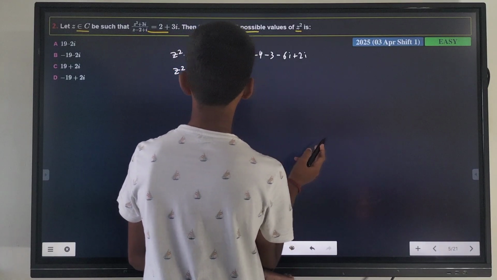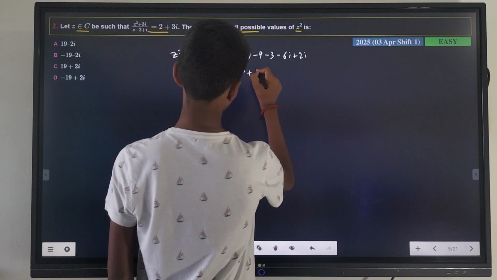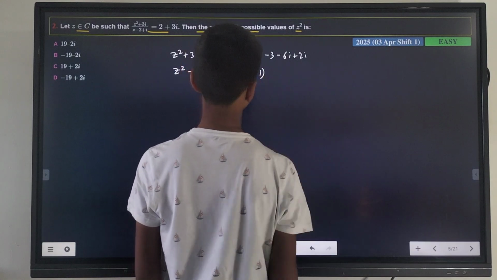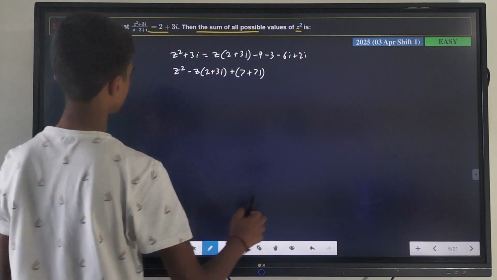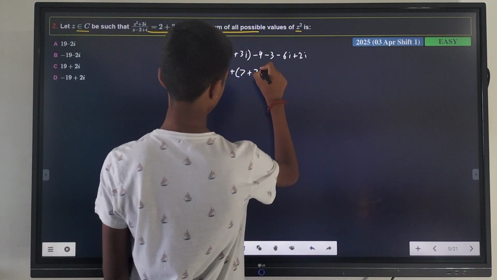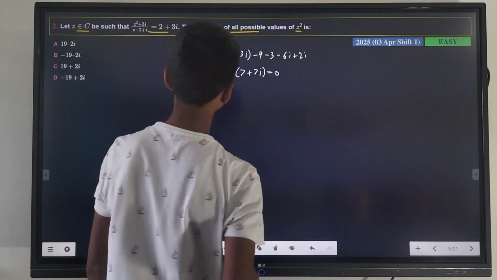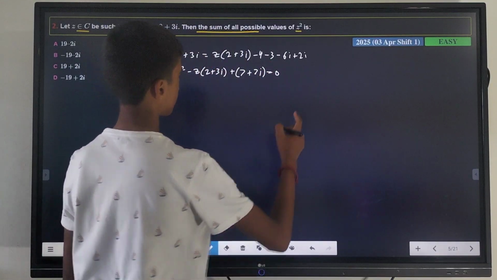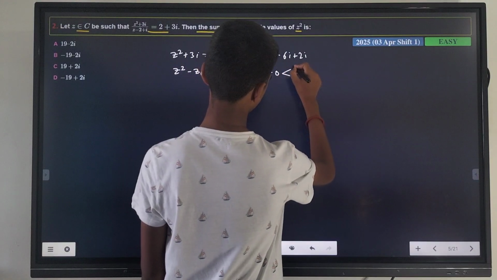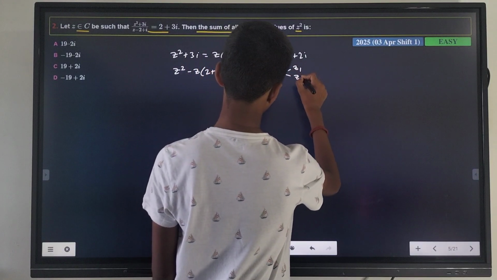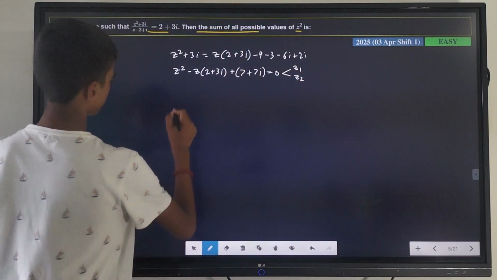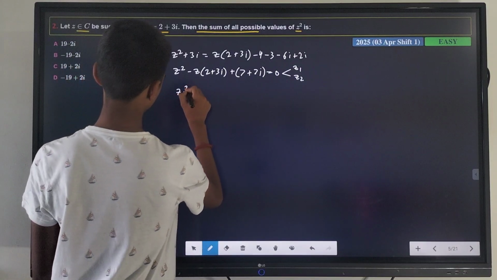This will be minus 4 plus 7 iota equal to 0. Now let's say this has roots z1 and z2, and the question asks us z1 square plus z2 square.